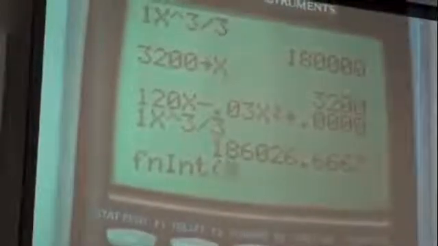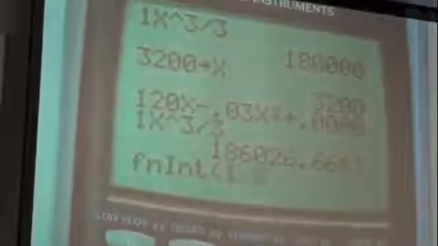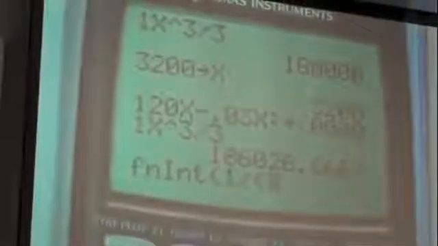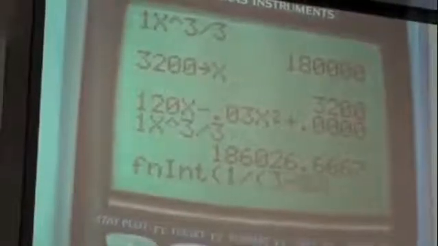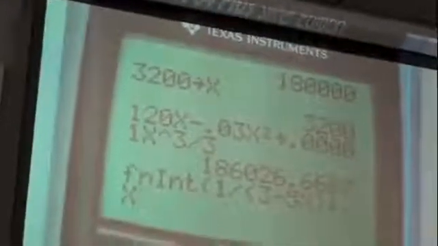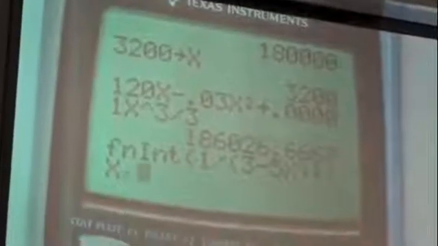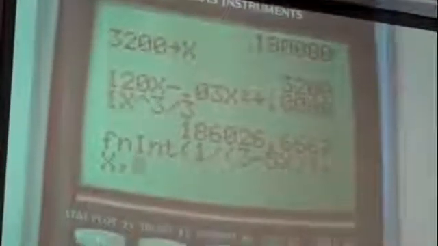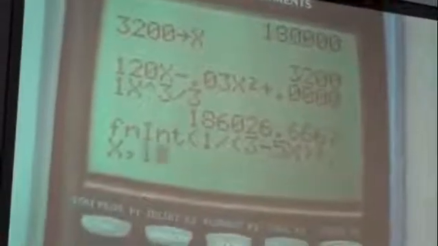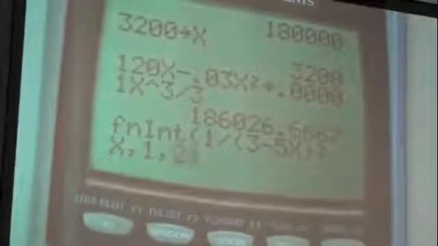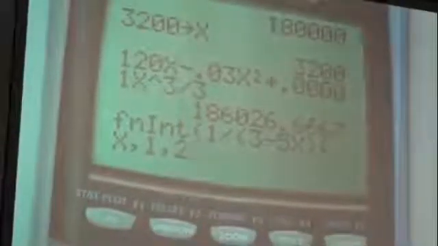So I'll say it was 1 over the group 3 minus 5x quantity squared, comma, we're integrating with respect to x, comma, your lower limit in terms of x was 1, and your upper limit, comma, was 2. This should give me 1/14.